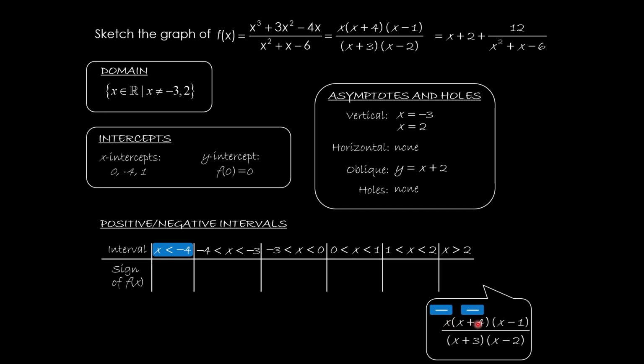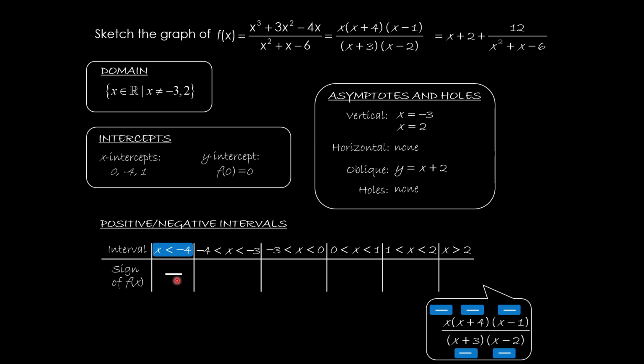Negative 100 plus 4 would be negative. Negative 100 minus 1 is going to be negative. Negative 100 plus 3 is going to be negative. And negative 100 minus 2 is going to be negative. So in the numerator, we have a negative times a negative times a negative, which is a negative. In our denominator, we have a negative times a negative, which is a positive. And a negative divided by a positive gives us a negative result for all x values less than negative 4.